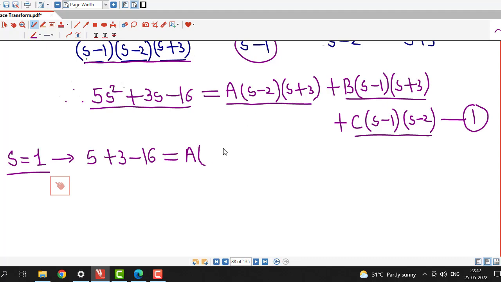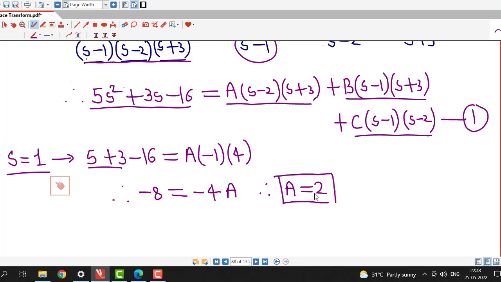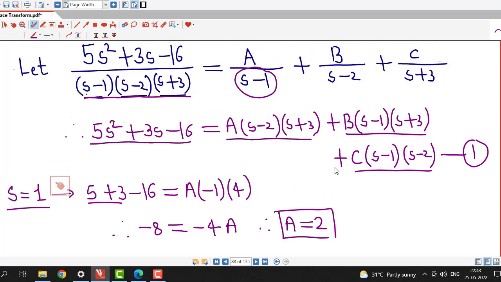So for s equal to 1 I have 1 minus 2, that is minus 1, 1 plus 3, that is 4, and this is 8 minus 16, that is minus 8, and this is minus 4 times a. Therefore a equals minus 8 divided by minus 4, that is 2. The value of a is obtained by taking s equal to 1.